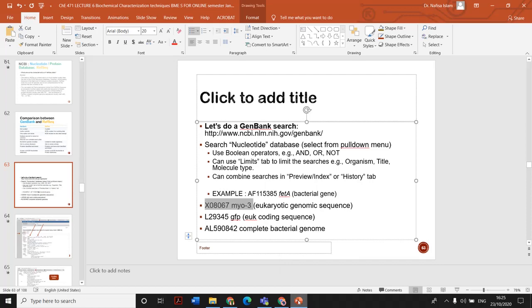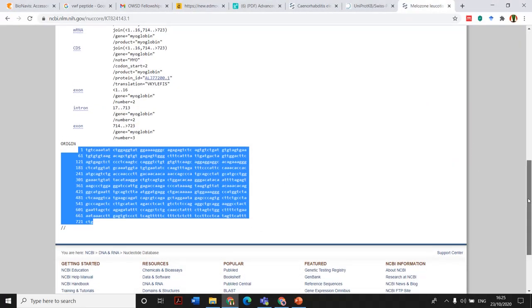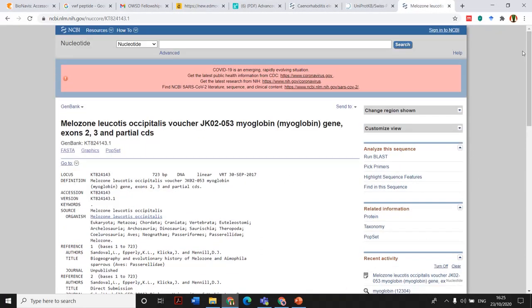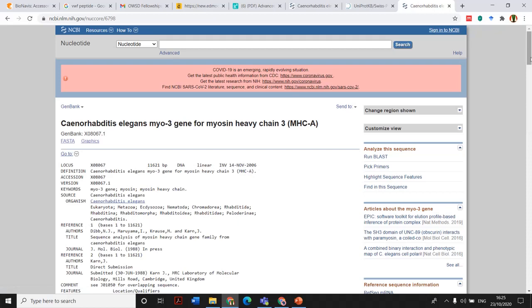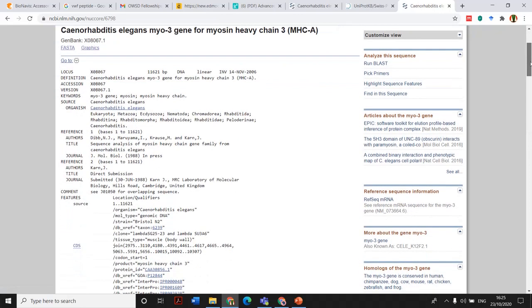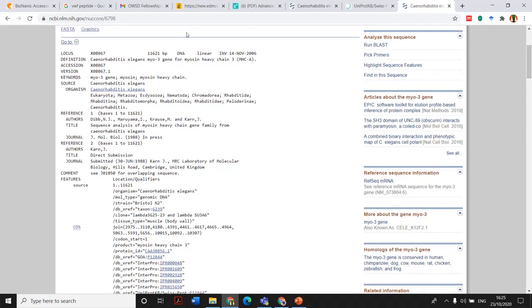Let's take another example. I'm just going to paste it in the search bar. Search, yeah, okay. So look at this. This is basically, I think, a worm myoglobin, and it's the same things.